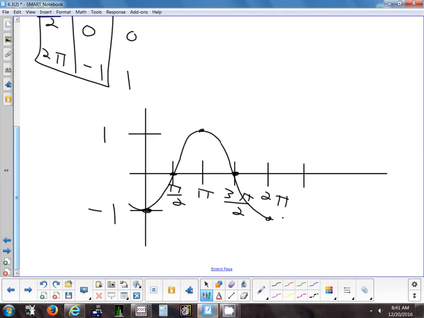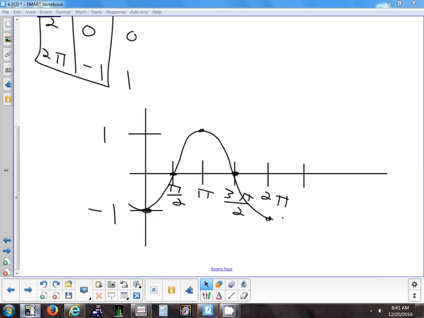Can you just shift it and then extend the graphs like this? So how much would you have to shift it by to get that graph? Sticking with cosine. You have to shift it by pi.